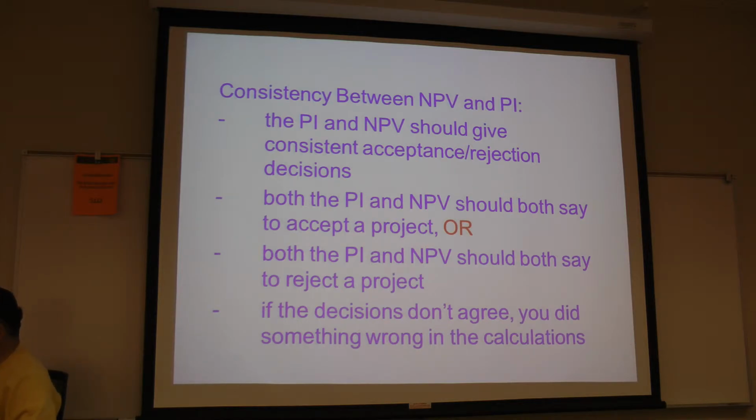If the decisions don't agree, you did something wrong in the calculations. If the net present value says to accept the project, while the profitability index says to reject the project, you did something incorrectly. They both have to say accept, or they both have to say reject. So this is an important way to check your work.